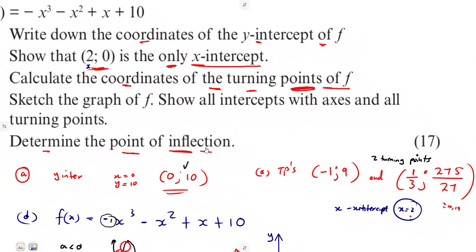We're also going to need some additional notes on how to answer these types of questions, to sketch graphs, and also finding the equation of the cubic graph. So many other things that you're going to need. So just make sure that you follow the playlist so that you can understand everything about your cubic function, or the cubic polynomials, and also the derivatives.